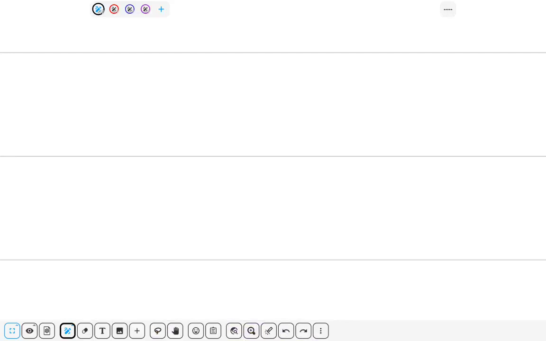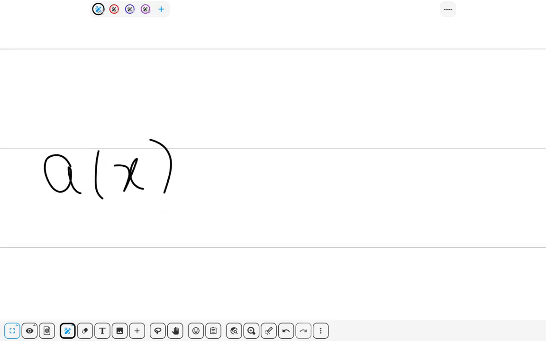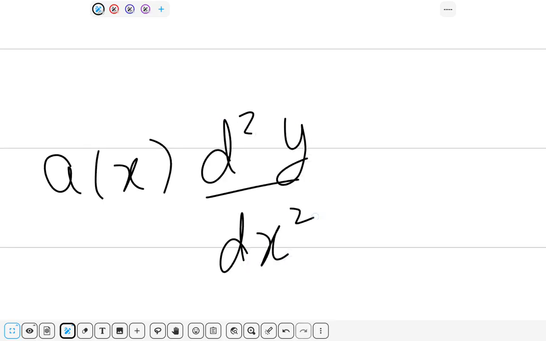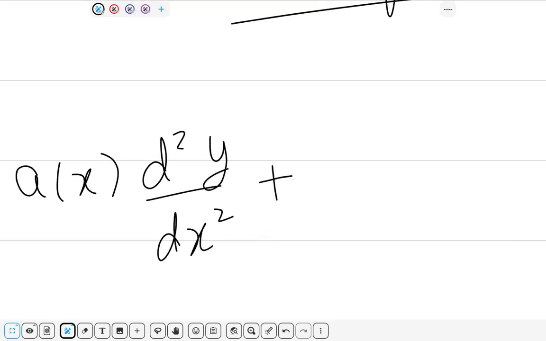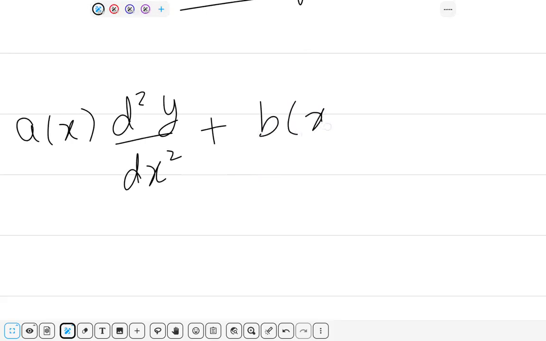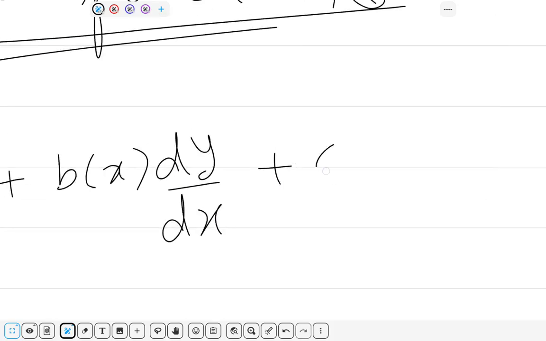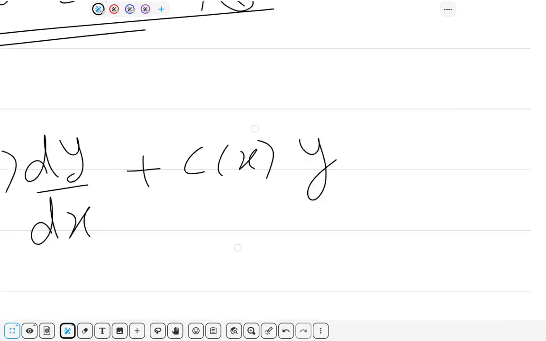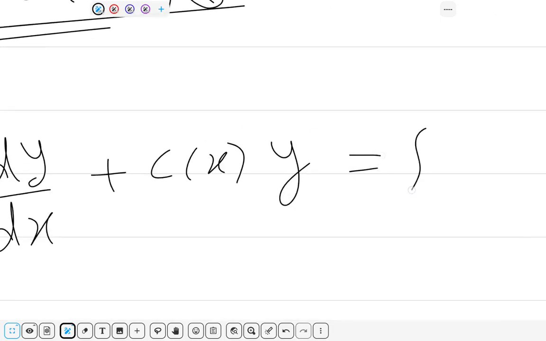So you have some second order differential equation: some function multiplied by the second derivative, some function multiplied by the first derivative, then again some function multiplied by the function, and this is equal to some other function.